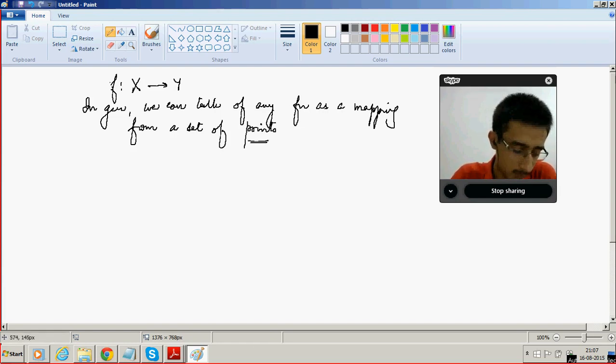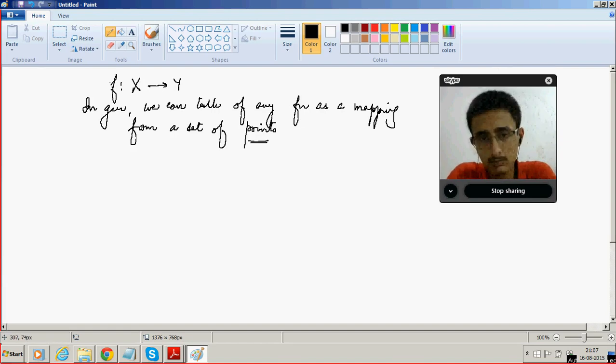So once again, if I belabor, if the members of X, the domain, are functions themselves, we can look upon those functions also as points.